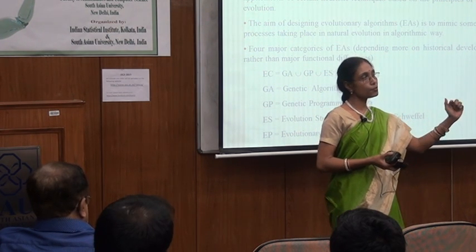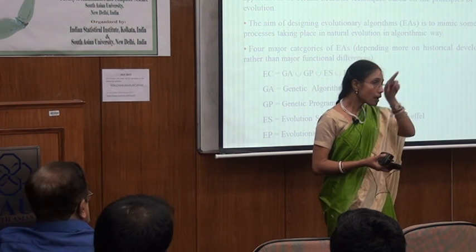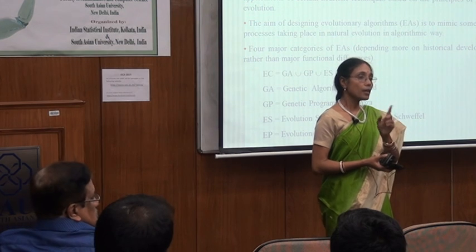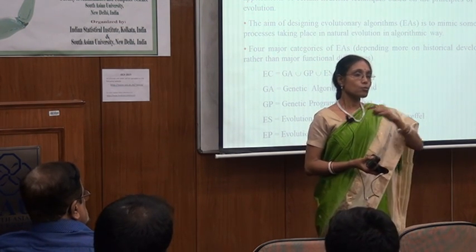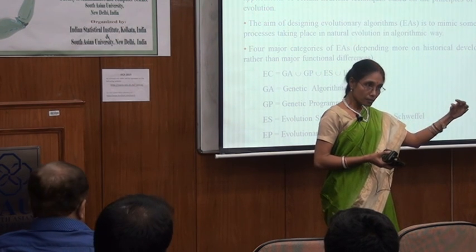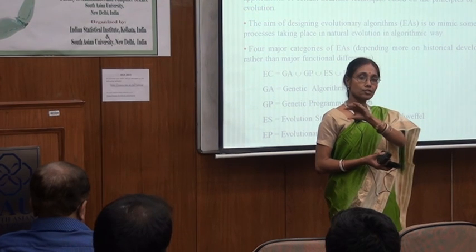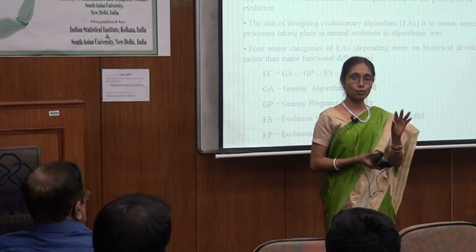So, starting from our lowest fitted organism, it is with the help of this black box termed natural evolution that the highest fitted organisms are evolved. So, starting from lower fitted creatures, higher fitted creatures are evolved through the process of natural evolution.